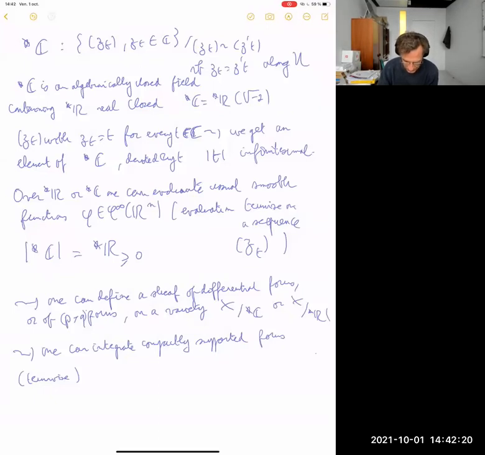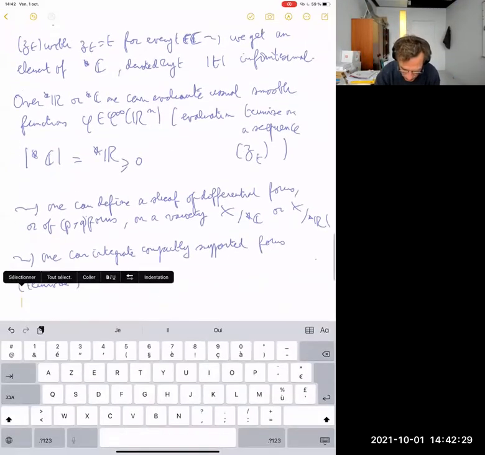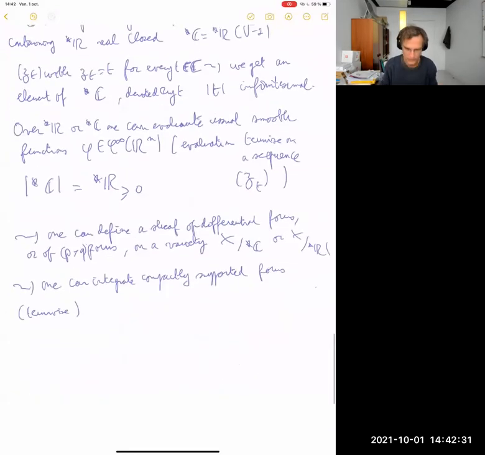Now the point is that this is not exactly the field we want to work with, because these fields are too large for us.